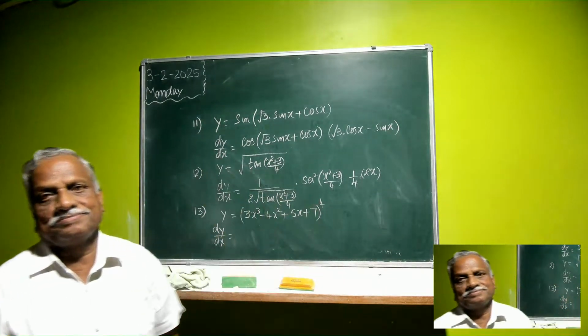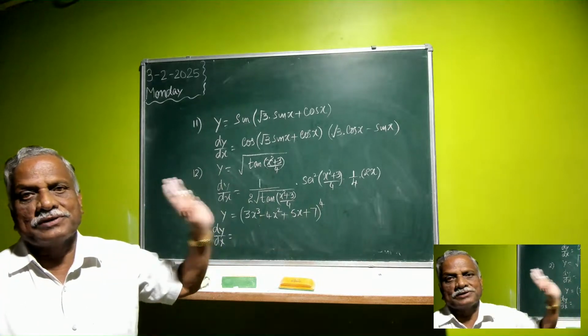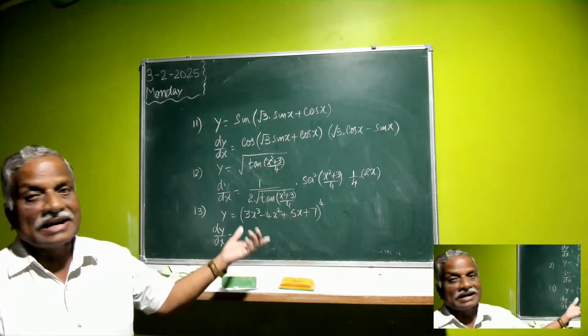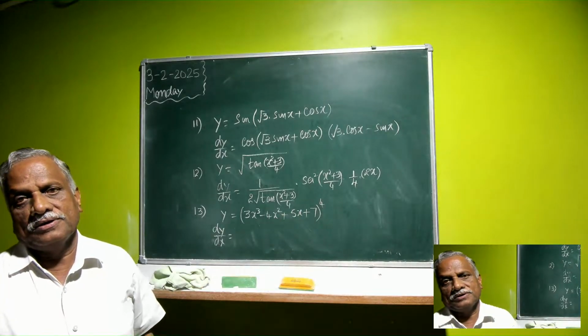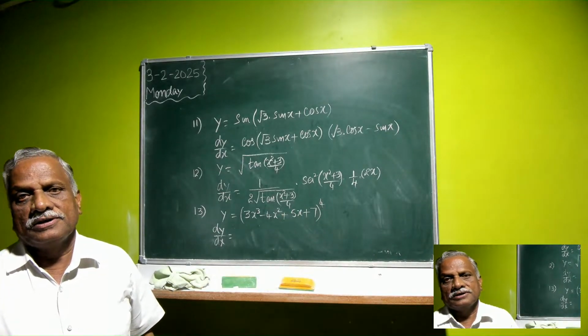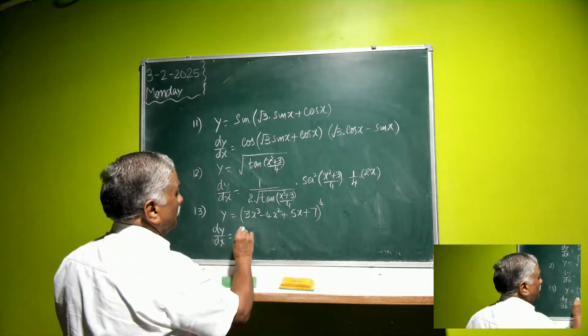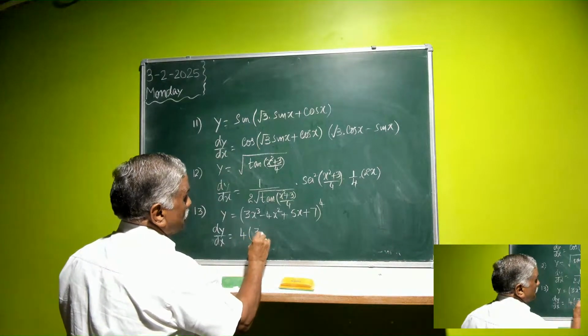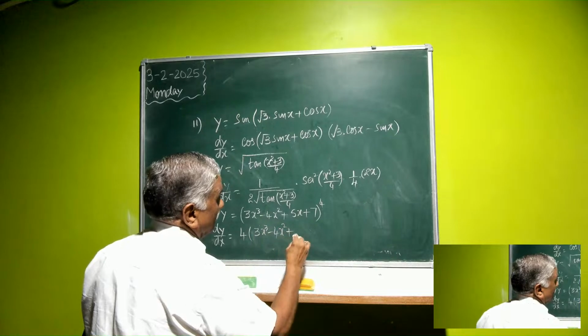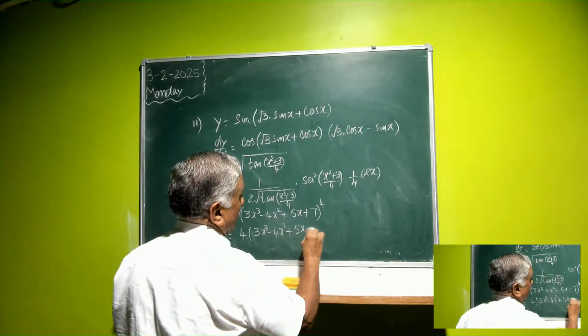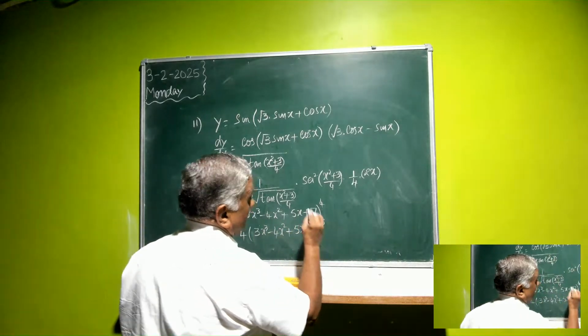Here it's the power, so first we should tackle the power. Something like u cube or x cube, sorry, x to the power of 4 or u to the power of 4. It is 4u cube. 4 into it as it is, 3x cube minus 4x square plus 5x plus 7, to the power of 3.